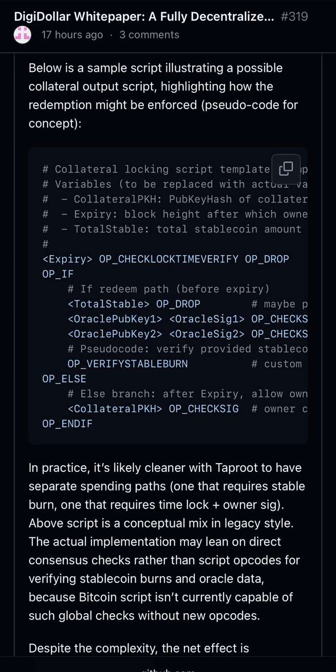OP_ELSE: else branch, after expiry, allow the owner to reclaim regardless of stablecoin. This is risky, maybe only if stablecoin equals 0 or with a penalty. Collateral PKH, OP_CHECKSIG: the owner can spend after time, assuming they have likely bought back or the stablecoin expired. OP_ENDIF.